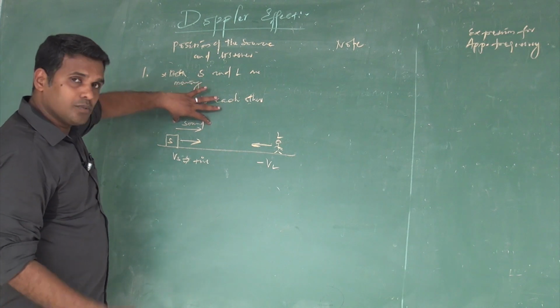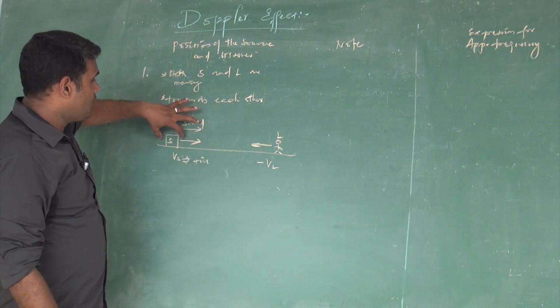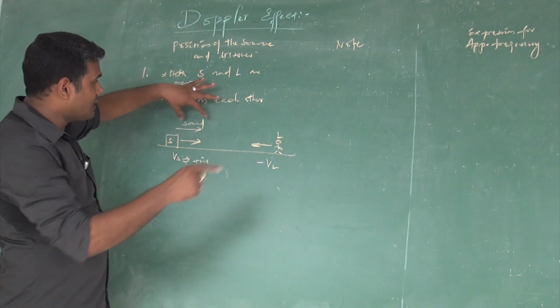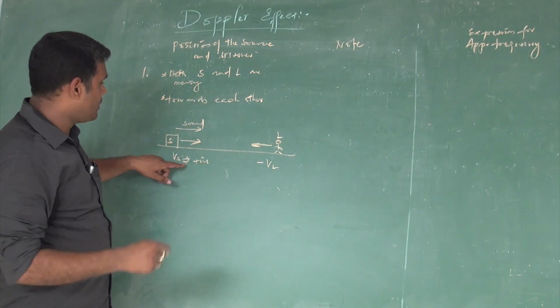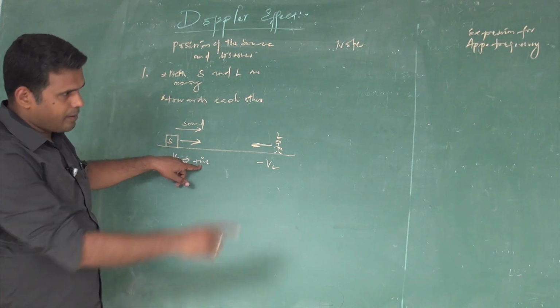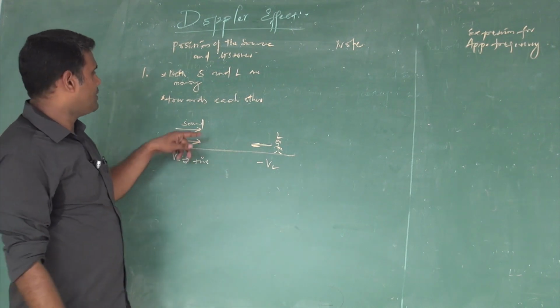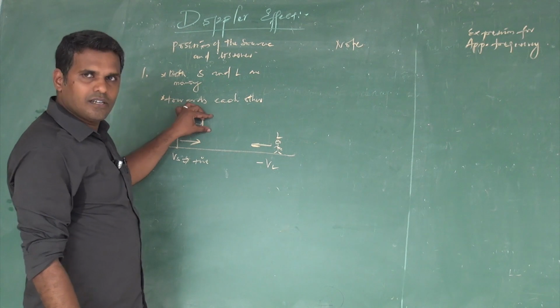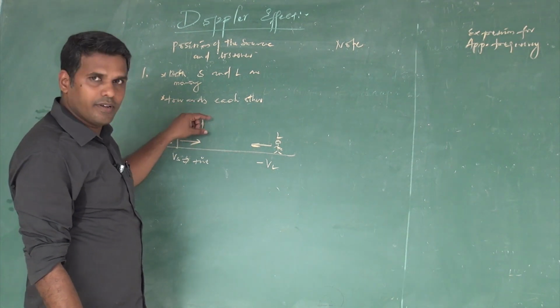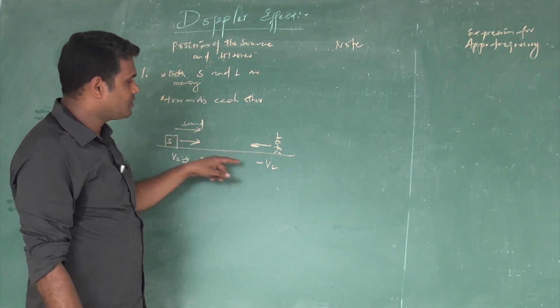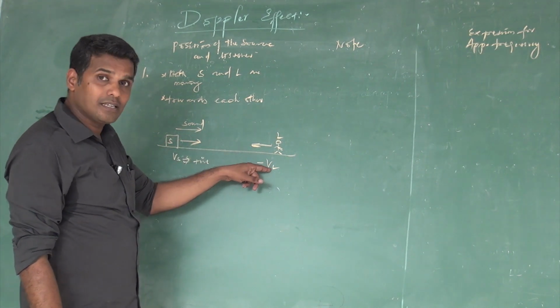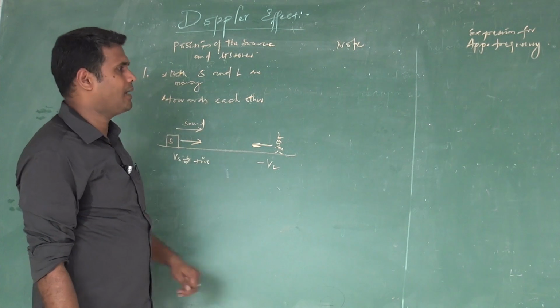With respect to the direction of propagation of sound, source is moving along the direction of sound waves, so Vs is positive. I am applying the sign convention. Then listener is moving opposite to the sound waves, so listener whose velocity is given negative, minus VL.